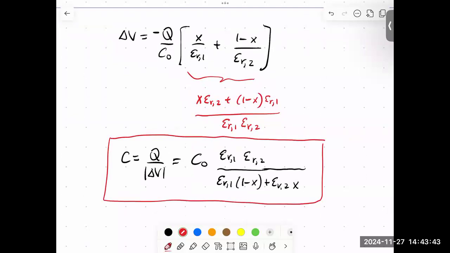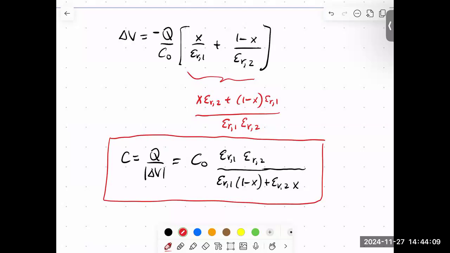There's a couple things that are worth noticing here. One is this expression is like calculating a series combination of capacitors. If I have capacitors in series, the equivalent capacitance is 1 over C equivalent equals 1 over C1 plus 1 over C2.